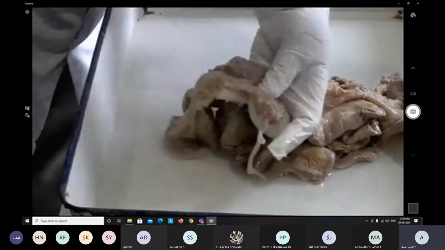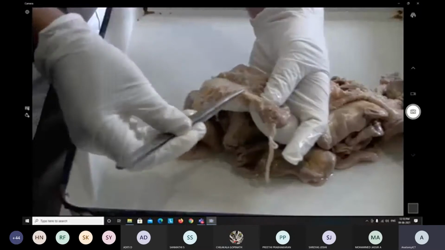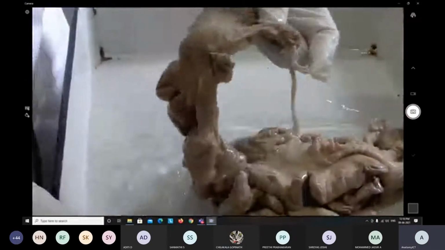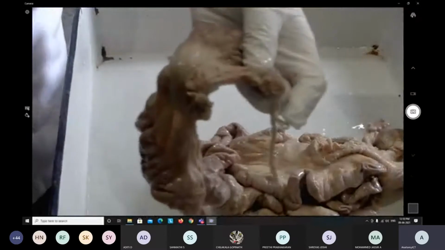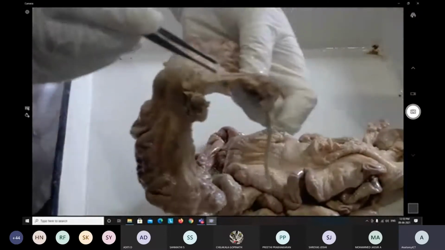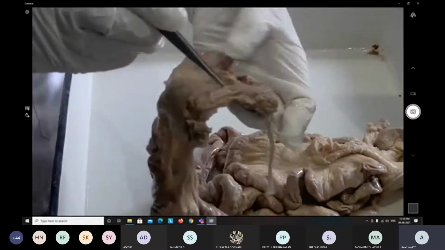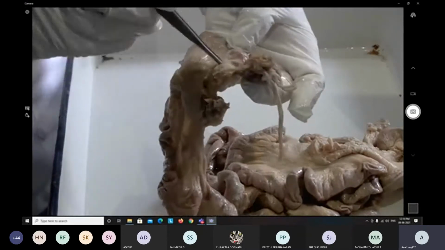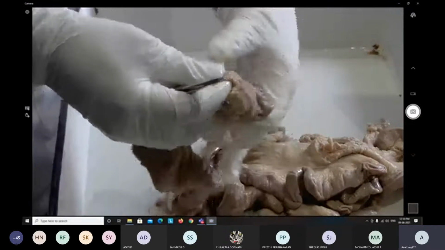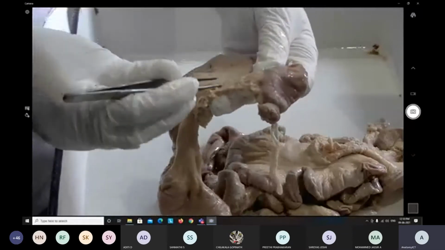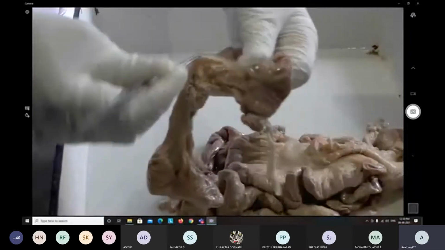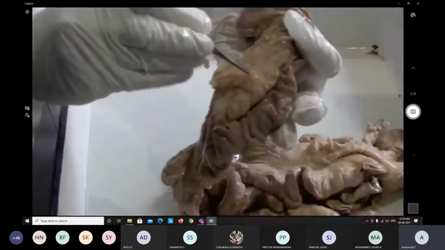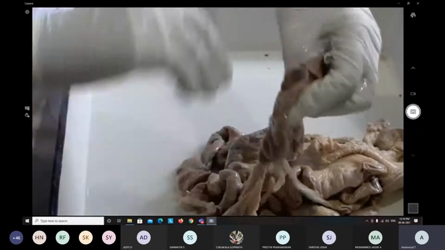Here you can appreciate fine, teeny blood vessels. These teeny blood vessels pierce the intestinal wall, and they are covered by two layers of peritoneum.